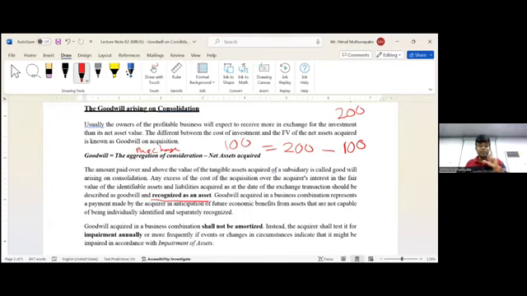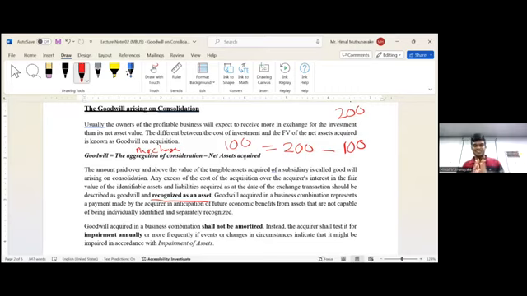Also remember that goodwill acquired in a business combination shall not be amortized. Instead, we need to test it for impairment annually, according to LKAS 36, the impairment of assets, which we will discuss in the latter part.